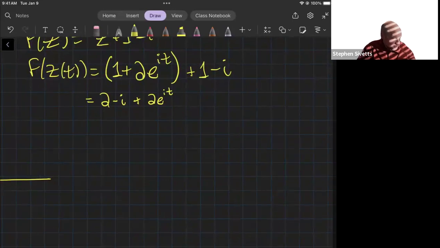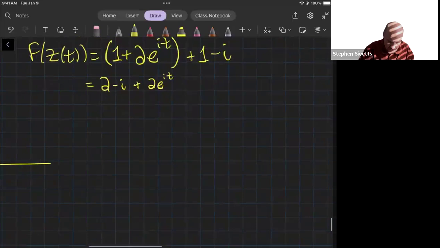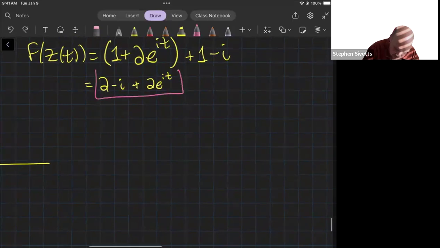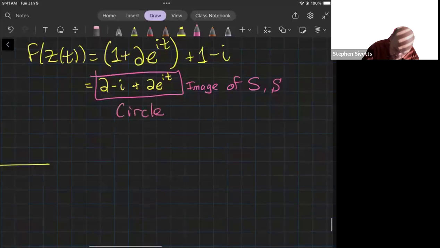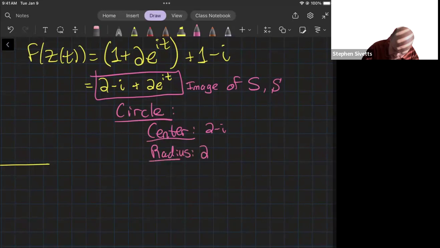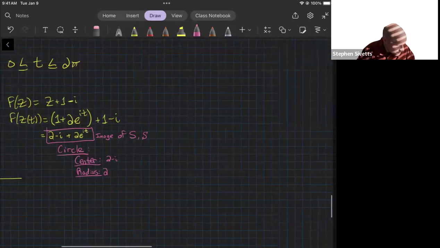So this is another circle. Let me erase that. This would be the image of S prime. So this is another circle. The center is at 2 minus I, and the radius is still 2.